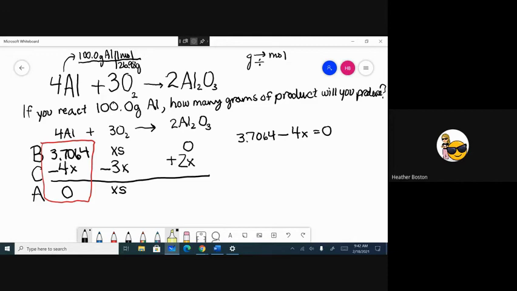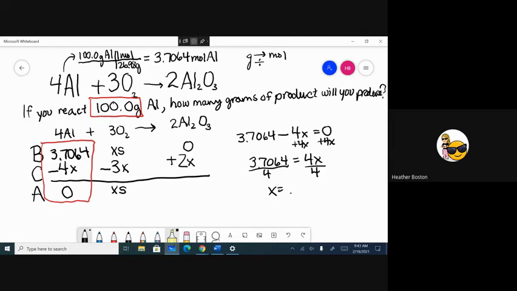So I'm going to add 4x to both sides, like such. So 3.7064 is equal to 4x. Now I divide each side by 4. And I get an answer, for the value of x, of 0.9266.